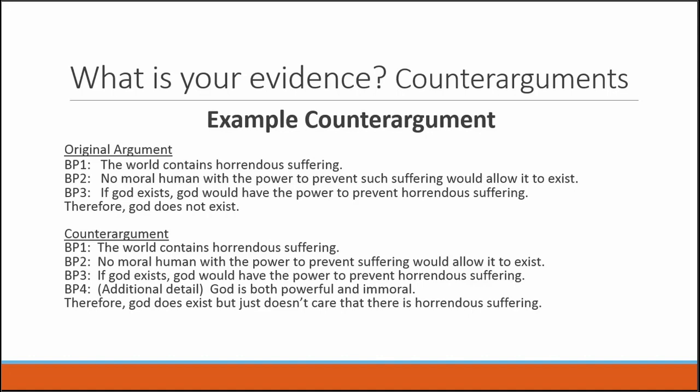So the counterargument is showing that even if all of the original premises were true, it is still possible that the original conclusion could be false, and if that's the case, the argument is not valid. So this is one very powerful way of critiquing arguments, providing a counterexample.